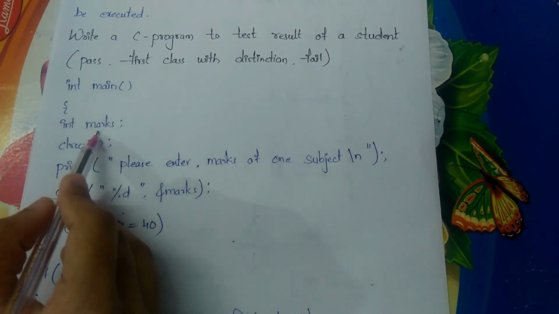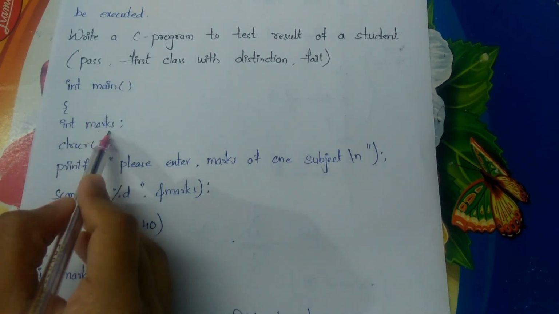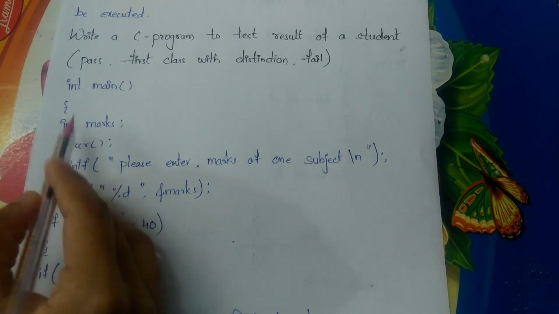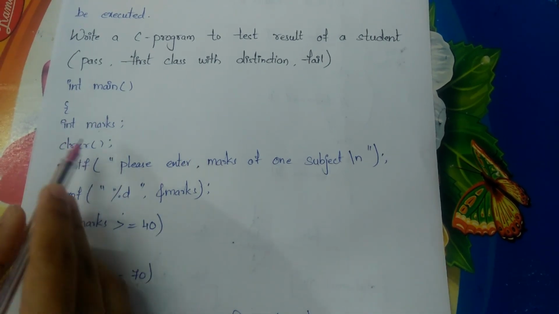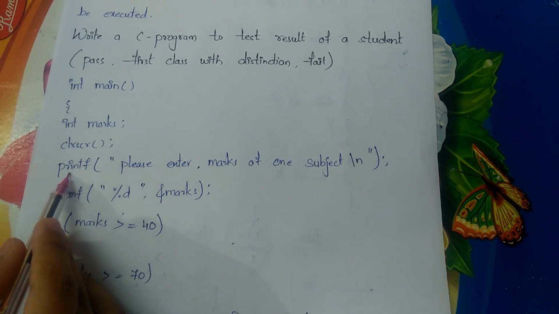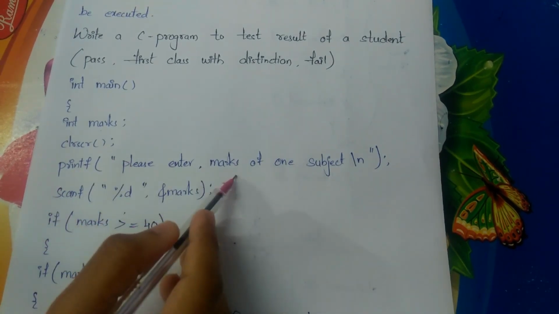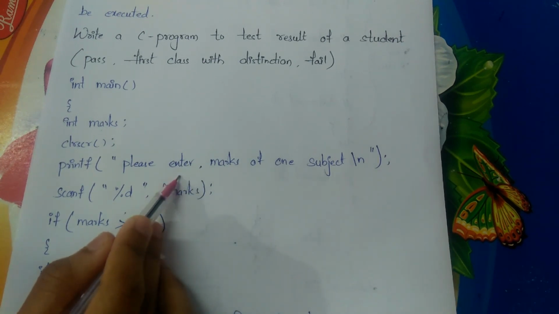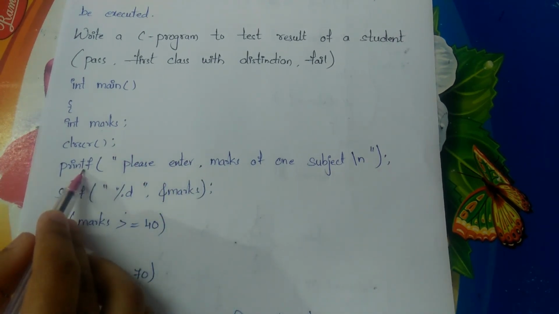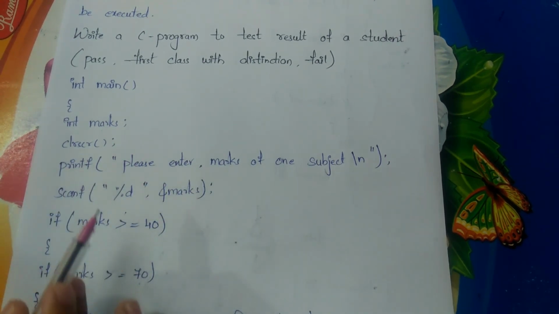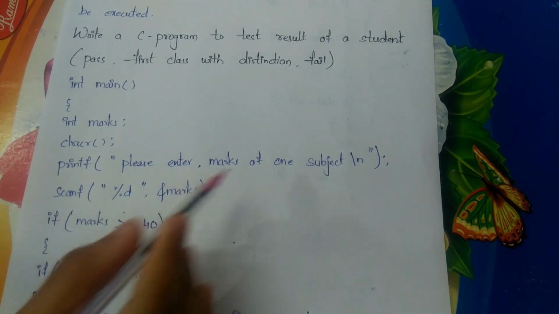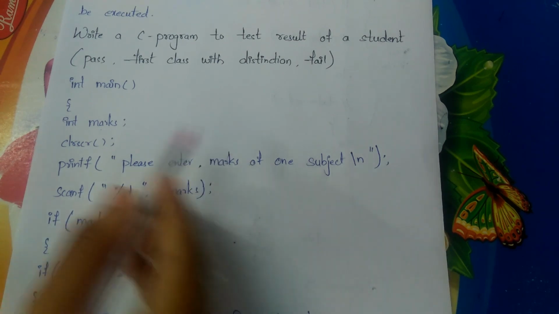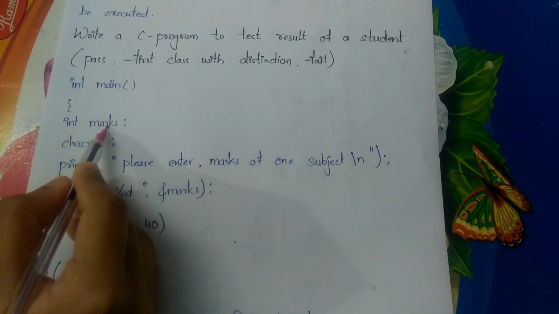So first I am declaring one variable, that is marks, as an integer. Only an integer number has to be passed. Now the clear screen. After this I want to print a statement: please enter marks of one subject. For the one subject I have to enter the marks. To display that I am using the printf output function. Now this scanf: whatever marks we entered will be stored in the marks variable.